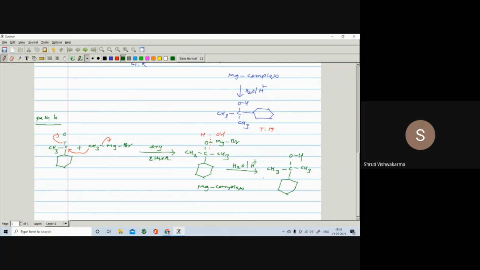So in this we can write a number of examples of this alcohol. Here we have taken one example of alcohol. Let us add the examples of alcohol.